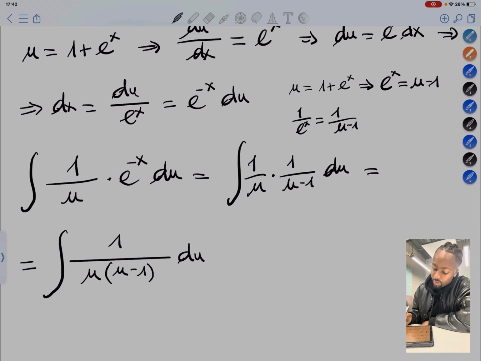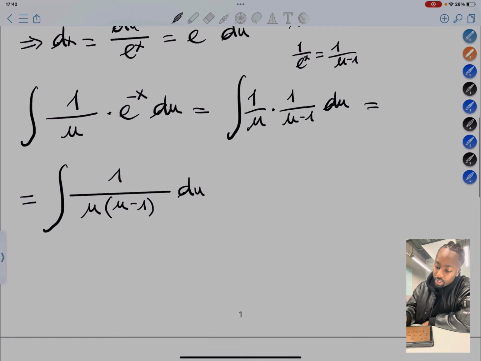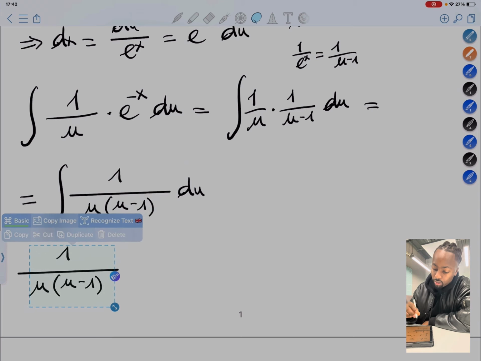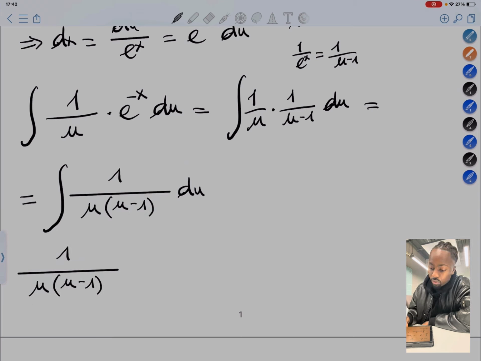So if we take this fraction here, our goal is to write it down as partial fractions. So we're gonna write this as the sum of some fractions. So this would be some a over u plus some b over u minus 1.